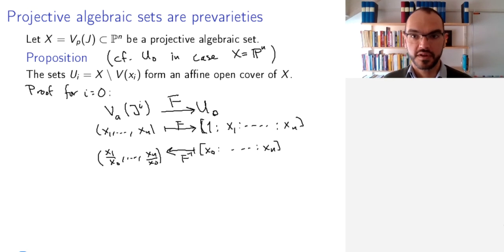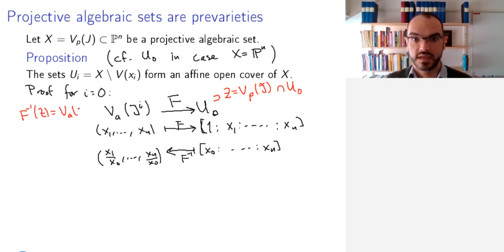To show that they are continuous and pull back regular functions to regular functions. As for continuity, by construction, if you have a subset Z, a closed subset, so it is going to be the projective zero set of some ideal J tilde intersected with U0, the pre-image f inverse of Z is going to be the inhomogenization of J tilde.